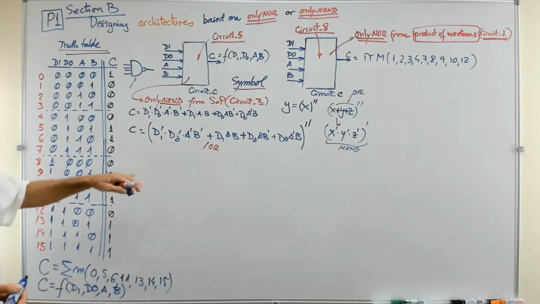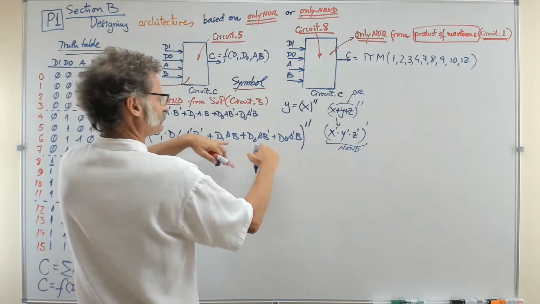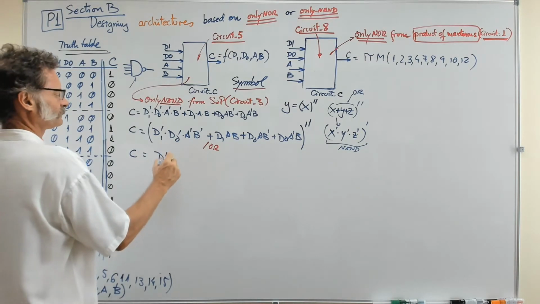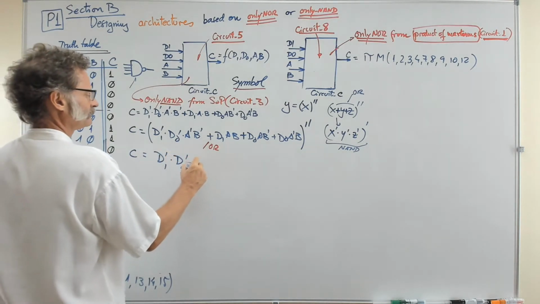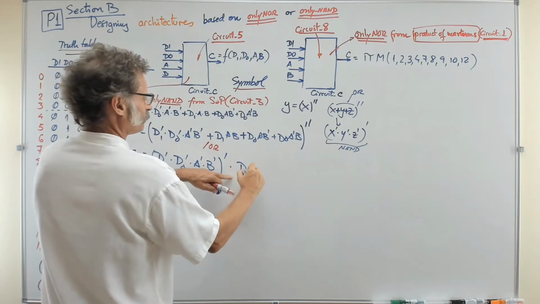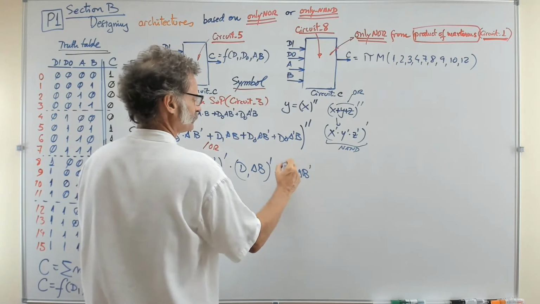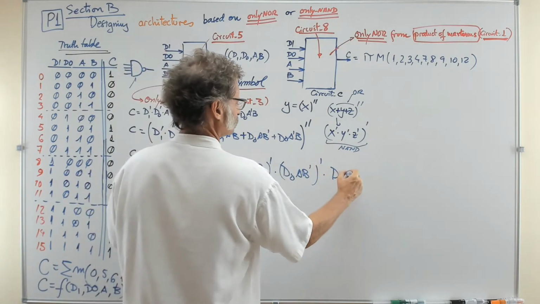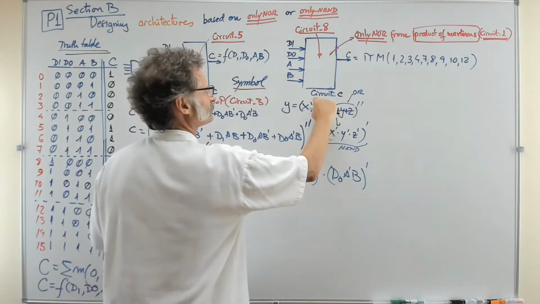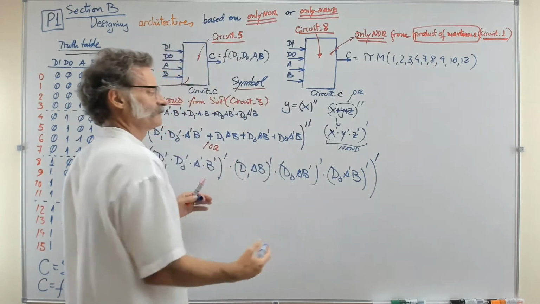So now you can imagine that this is the term X, this is the term Y, Z, and W. So C becomes D1 not, and D0 not, and A not, and B not, not, and D1 A B not, and D0 A B not, not, and D0 A not B not, and finally there is the last one remaining, so there is another big bracket here which is the final not.